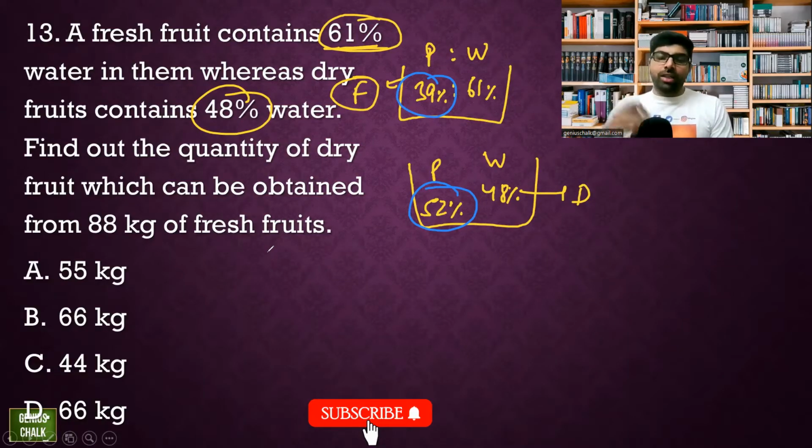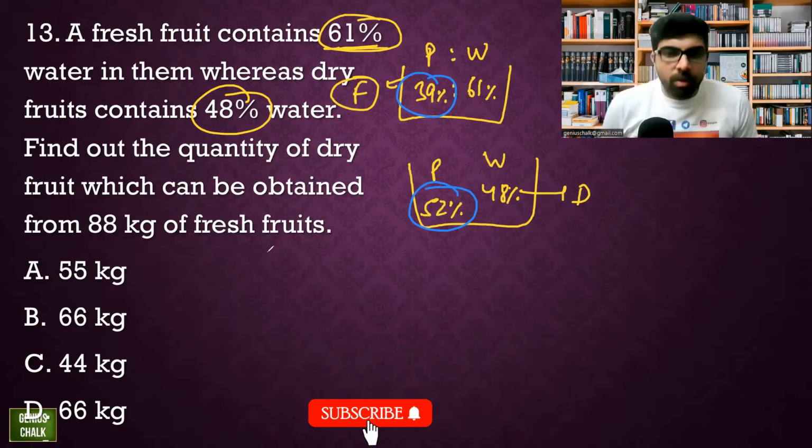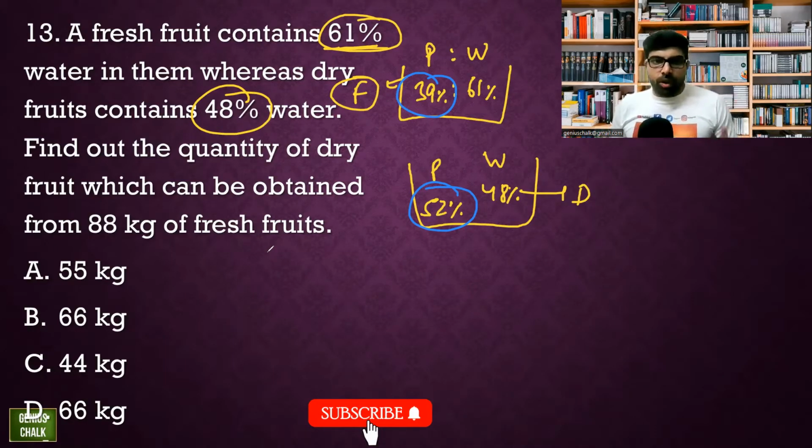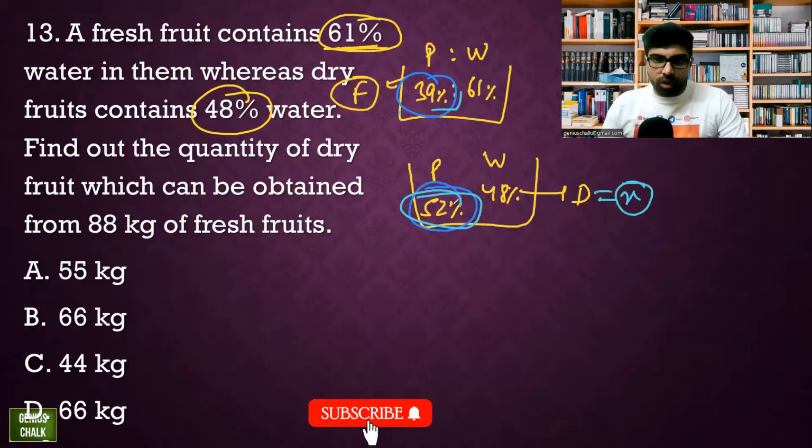Because only the water goes away, and pulp remains the same. So the concept of this question is, whenever this question comes, you have to make the pulp quantity the same. Now how can we do that? Let's see. In the first case pulp was 39%, in the second case 52%. Now this total quantity we don't know. So can I write like this?